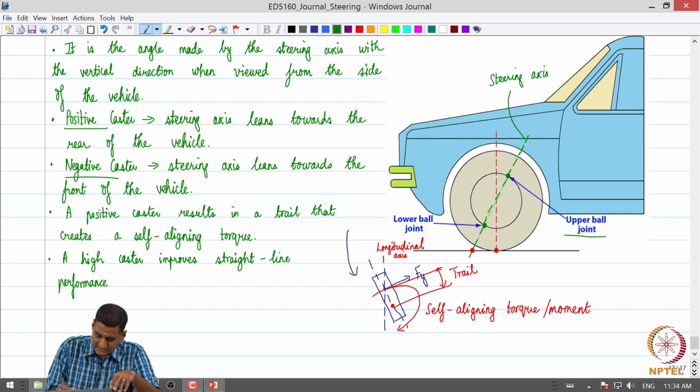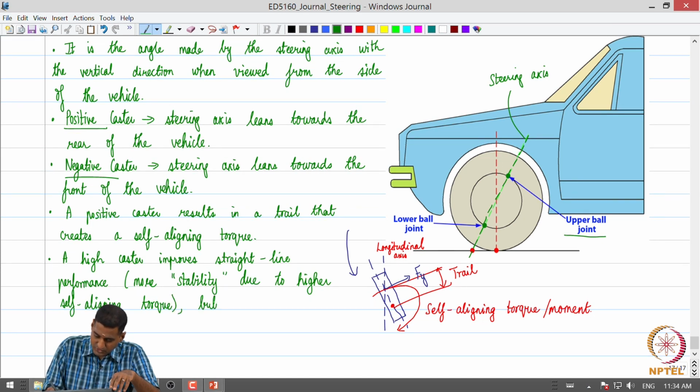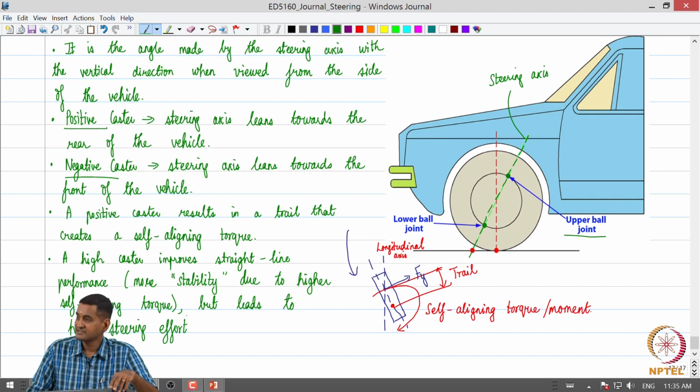Because we have more stability due to higher self aligning torque, but it leads to higher steering effort. So, maneuverability takes a hit.